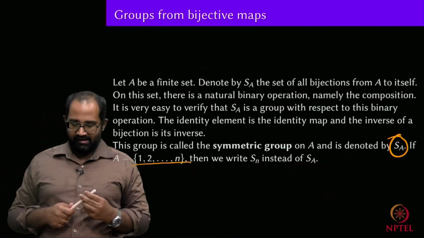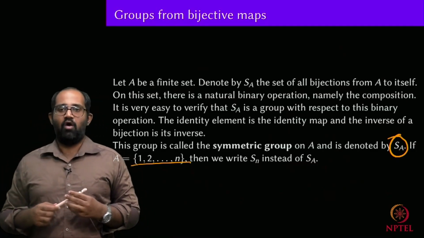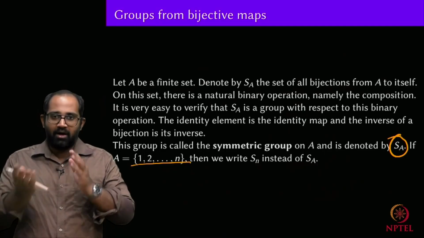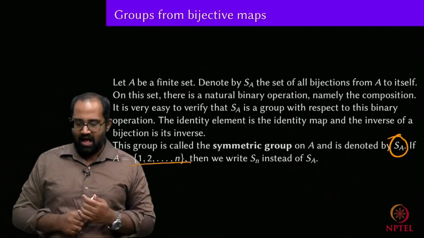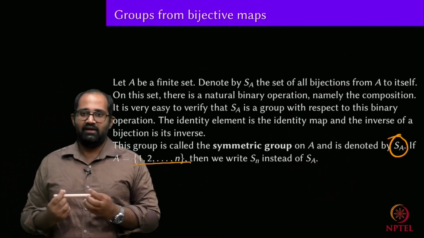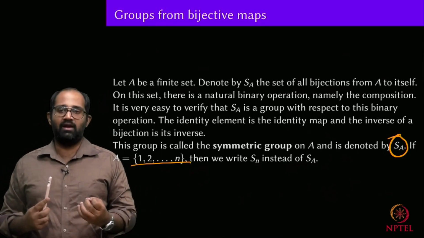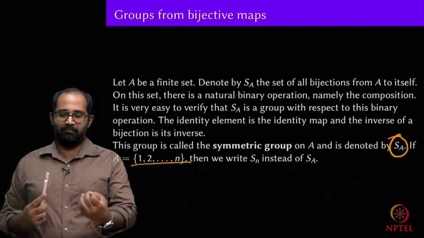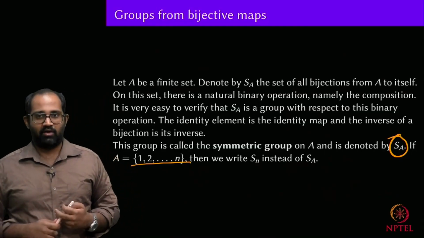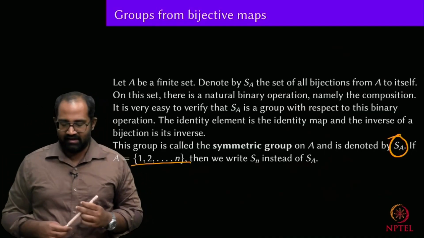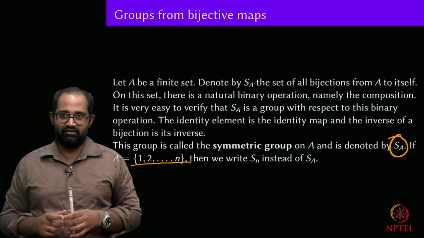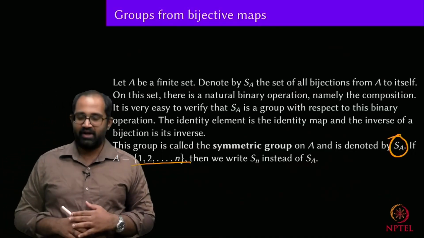So, in a sense Sn describes all the ways by which you could permute around n elements. A bijection after all is just a permutation. You can think of the image of 1 as how you are permuting. So, you can think of Sn as a collection of all permutations of the set 1 to n.